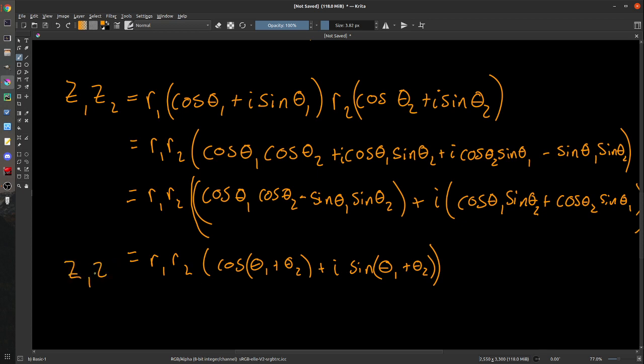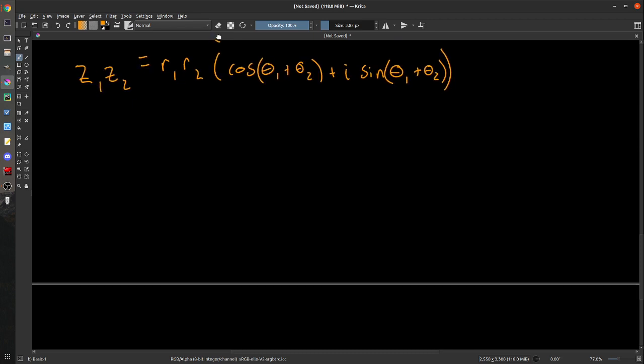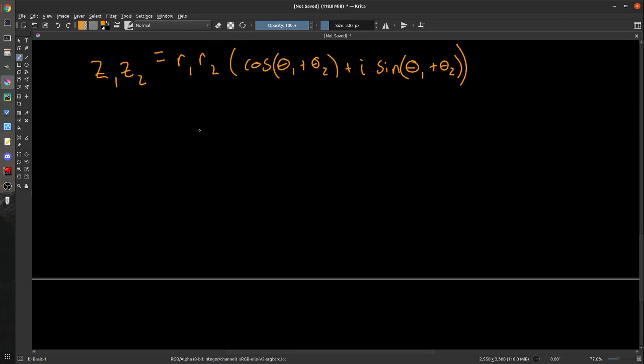So here, let me rewrite this really quick so we can see it when I scroll down. Z1 Z2 just has the product of their lengths, and then an angle given by theta 1 plus theta 2. So arg Z1 Z2 is just equal to theta 1 plus theta 2.